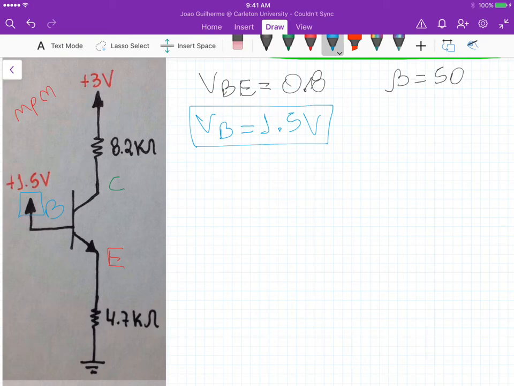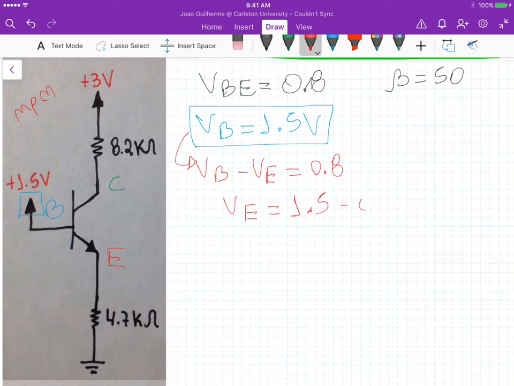Now, because we have VBE equal to 0.8, it means that VB minus VE is equal to 0.8. If we substitute VB here, we have VE equal to 1.5 minus 0.8. So VE is equal to 0.7 volts.